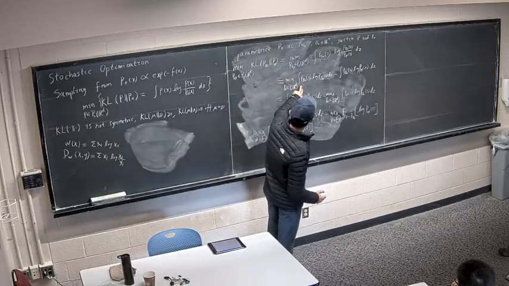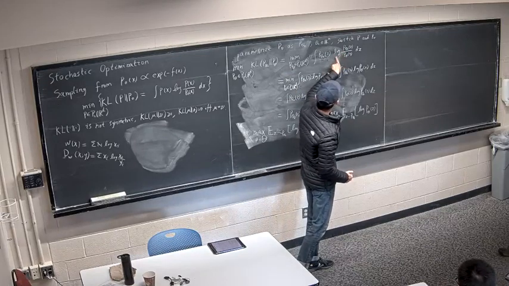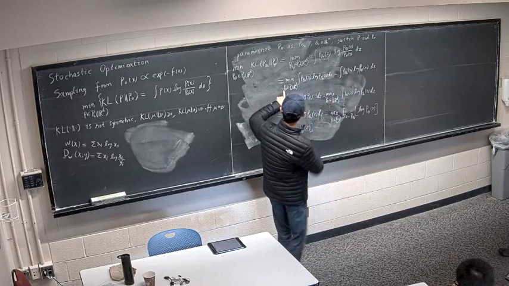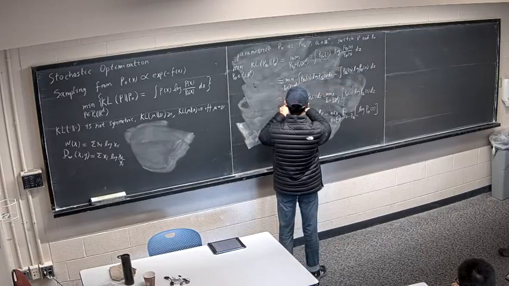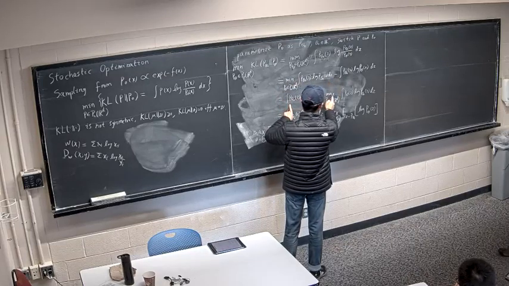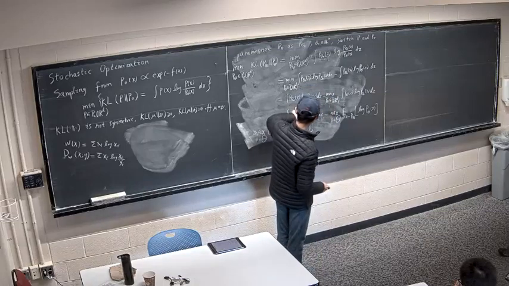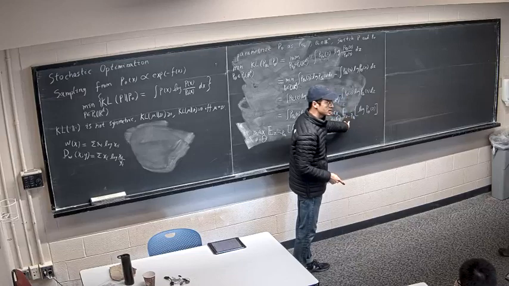From here to here, we just express this log of a ratio as log A minus log B, right? And then because this minimization is for P theta, this is a constant. You can take it out from the minimization. And then if you put it after the minus sign, you need to change min to max. From here to here, this part stays the same, and here we just write this integral as an expectation.